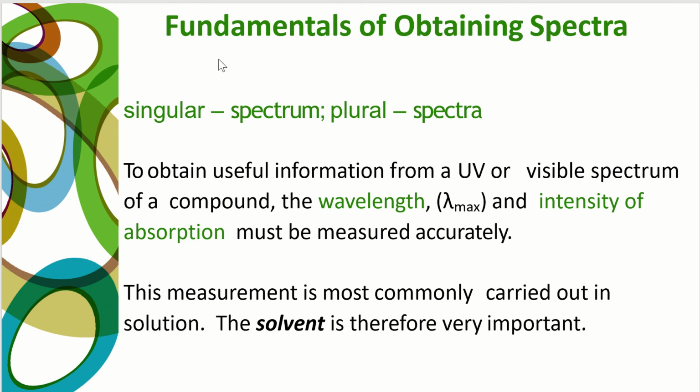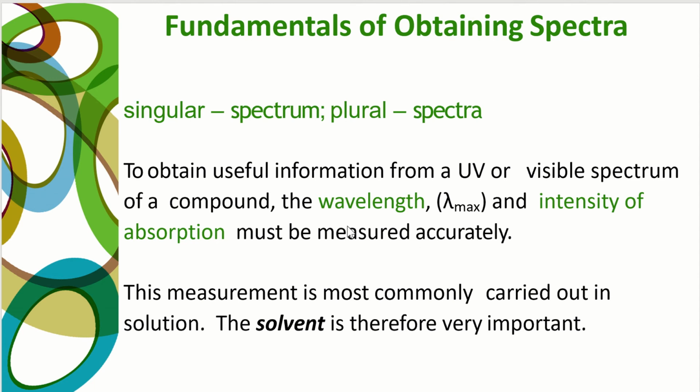All right, so as we have done with other spectroscopy techniques, let's look at the fundamentals of obtaining a spectra. You know this already: singular spectrum, plural spectra. To obtain useful information from a UV-VIS spectrum of a compound, the wavelength, which is the lambda max, I have been quoting lambda max numbers for various transitions and correlating that to particular types of molecules, whether or not they have single double bonds or non-bonding electrons.